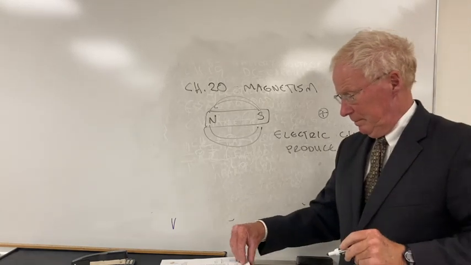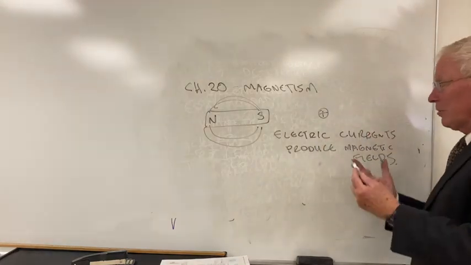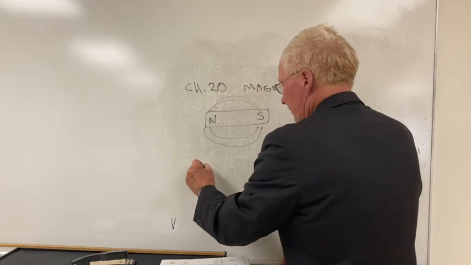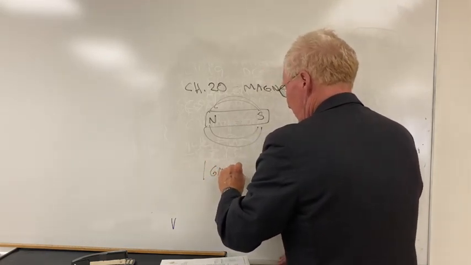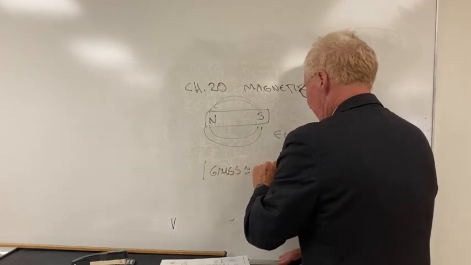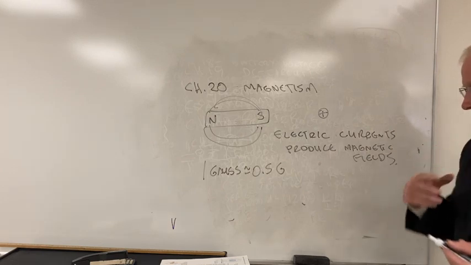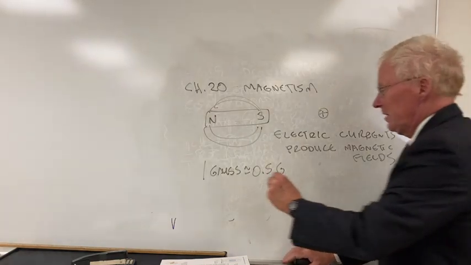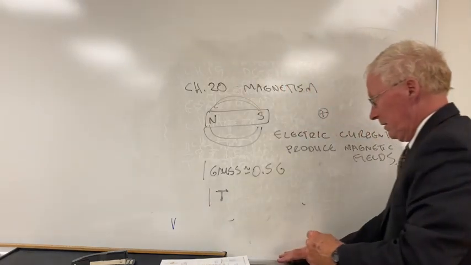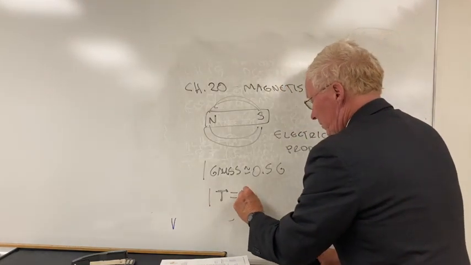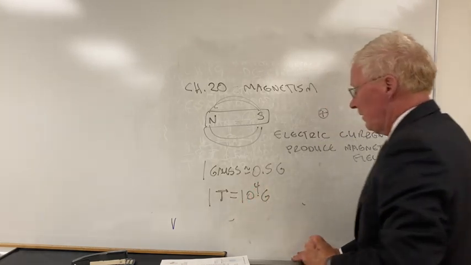The Earth's magnetic field, units of fields: we generally use the Gauss, because the Earth's field is approximately 1/2 Gauss, or capital G. But the MKS, the SI unit, is a Tesla, named after Nikola Tesla, not the car, and that's equal to 10 to the 4th Gauss.